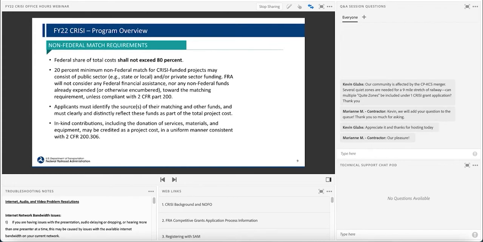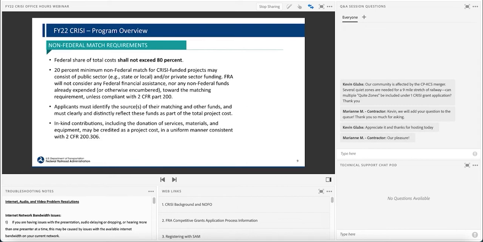And finally, we'll talk about match requirements under this program. So under CRISI 22, the federal share of total costs shall not exceed 80%. There's a 20% minimum non-federal match for CRISI funded projects, which consist of public sector, so state or local, and/or private sector funding.